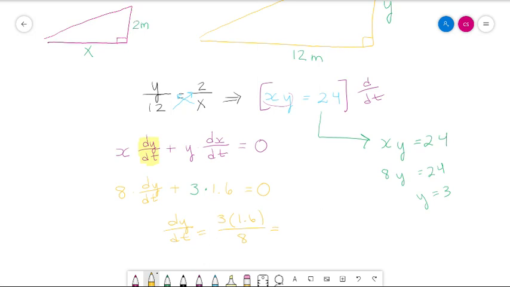And, oops, I missed our minus sign. We're going to get negative, because remember, dy dt, our shadow is decreasing as we get closer to the wall. Negative 0.6. And now think of the units. We're looking at meters per second. All right. And then that's our last problem we're doing today.